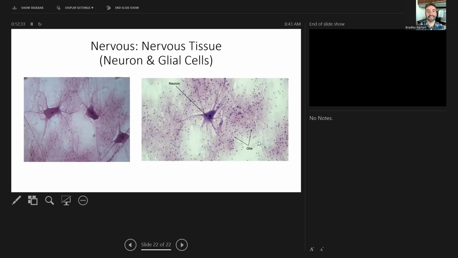There's five different types of them. We'll talk all about them in the nervous system, but for now, just know that these big guys are our neurons, and the little ones in the background are neuroglial cells. And again, the major category of tissue here is nervous, and this is the only nervous tissue that you need to know.